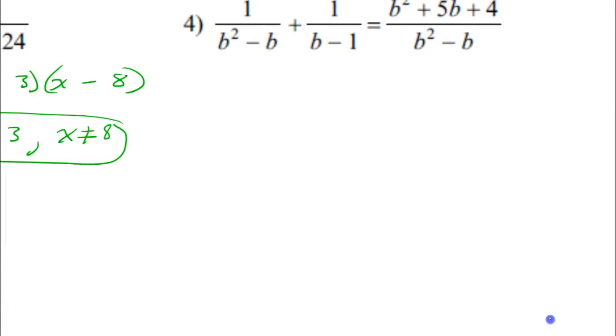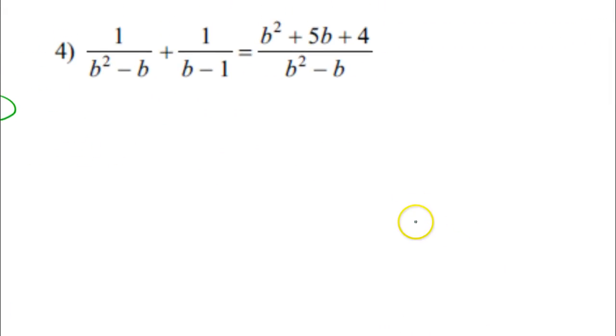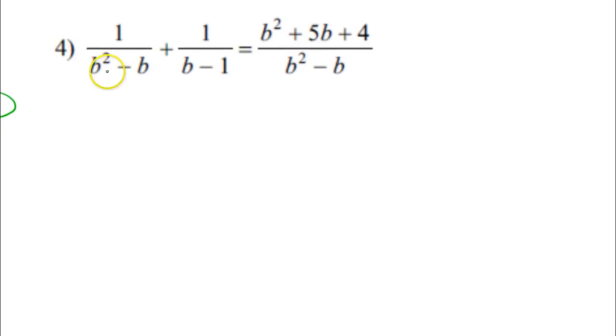Okay, let's do 2 more problems on this video. Interesting. So we have some factoring to do. So I have 1 over... I'm seeing a common factor, so I'll bring out the GCF of b. That'll leave b minus 1.